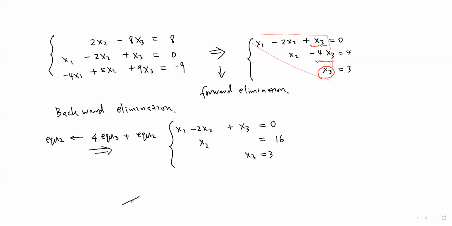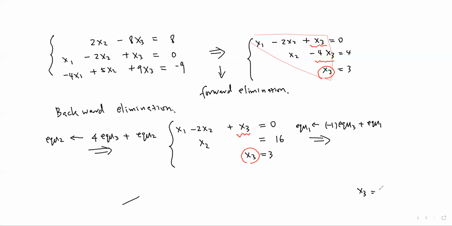Okay, now next, I use this x3 to eliminate this x3. The operation is negative 1 times equation 3 plus equation 1. Then put the result, don't put the result in equation 3, but in equation 1. Then I get this linear system.